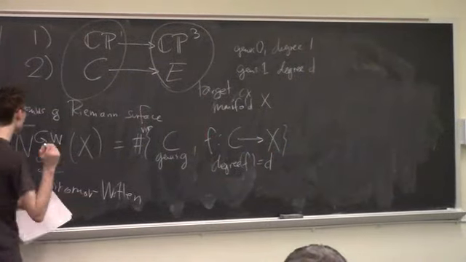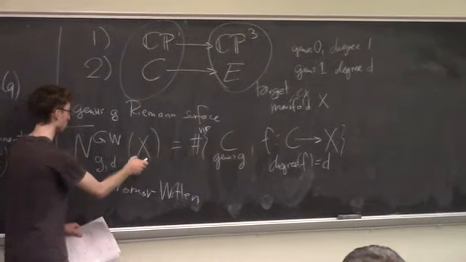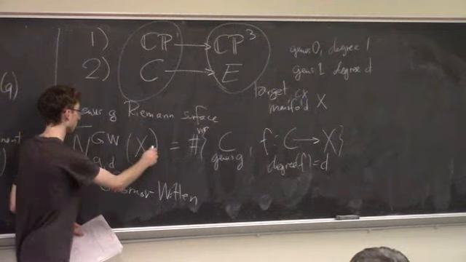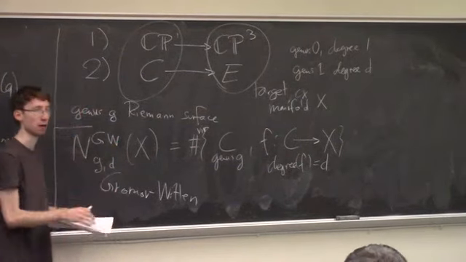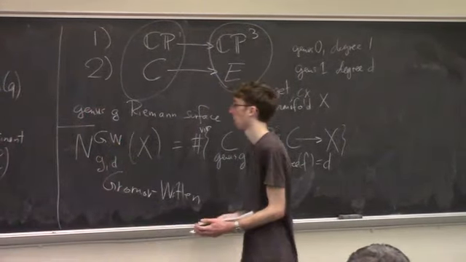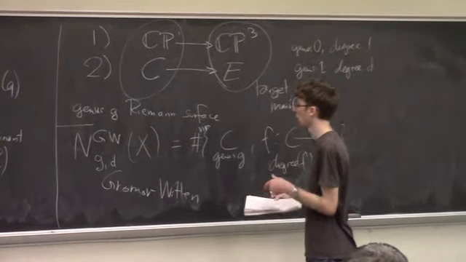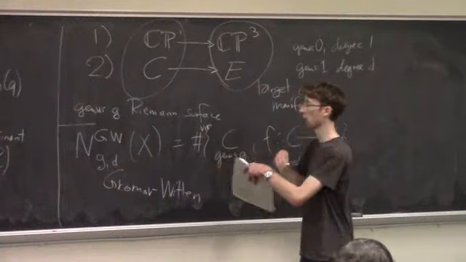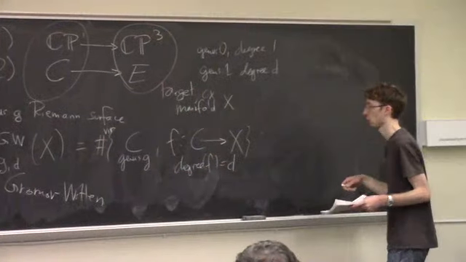One of the initial motivations was to view these as symplectic invariants of X, and to say if you have different curve counts on X and Y, you can see that X and Y must be different from each other.